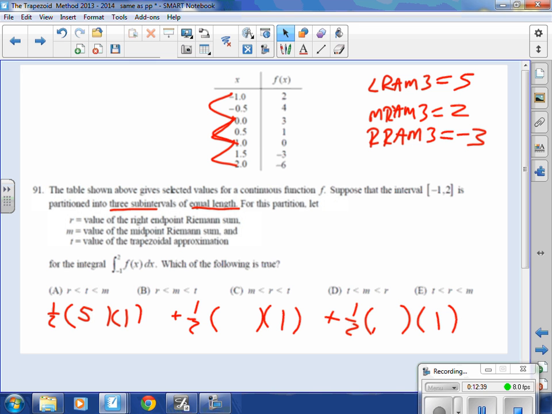What are the bases of trapezoid 2? 3 and 0. So trapezoid 2 is actually a triangle. And what are the bases of trapezoid 3? 6. Again, that would be a triangle. So I've got 5 halves plus 3 halves minus 6 halves, so -3 halves equals 1.